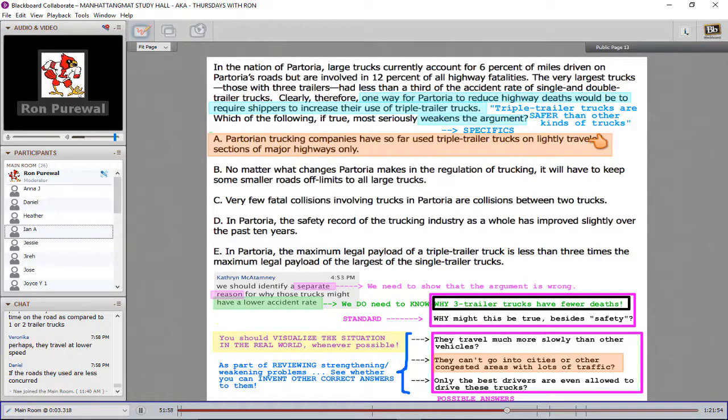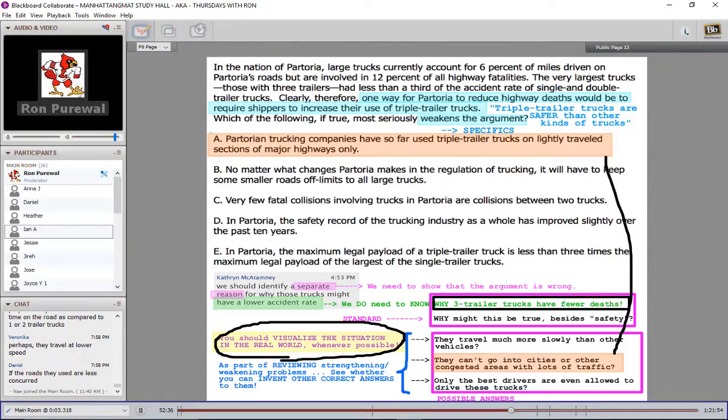Middle of nowhere. So this is the correct answer, meaning these trucks are only being driven on basically roads where no one else is driving. If you imagine the situation, that's probably the picture you're going to imagine. You're not going to imagine a 3-trailer truck in the middle of San Francisco. You're going to imagine it driving through North Dakota on the freeway.